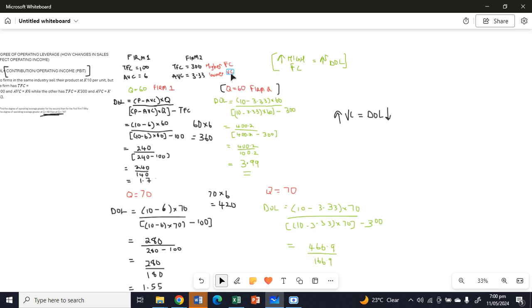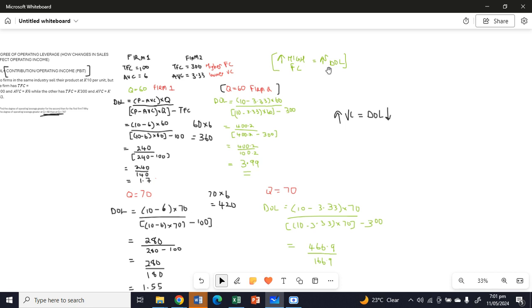Frame 2 has the higher fixed costs and lower variable costs, but it's exhibiting a higher degree of operating leverage than frame 1 at both quantities. So higher fixed costs, higher degree of operating leverage. There is a positive relationship between fixed costs and degree of operating leverage.